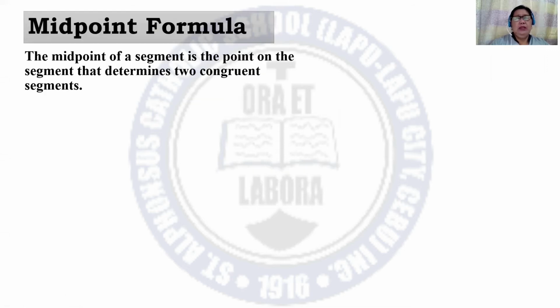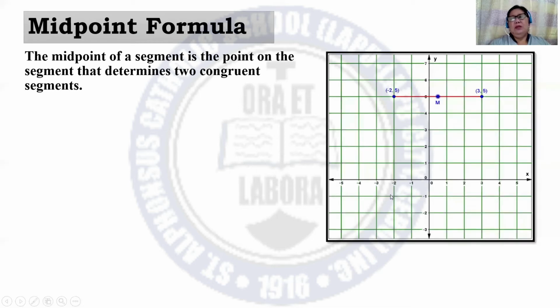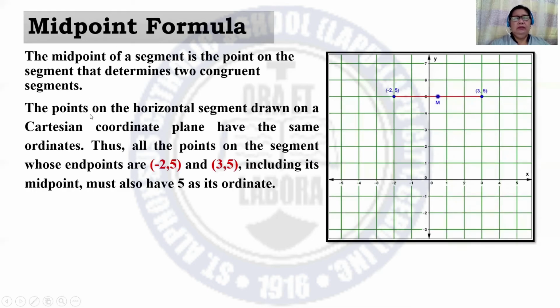The midpoint of a segment is the point on the segment that determines two congruent segments. So in this illustration, the points on the horizontal segment drawn on a Cartesian coordinate plane have the same ordinate.